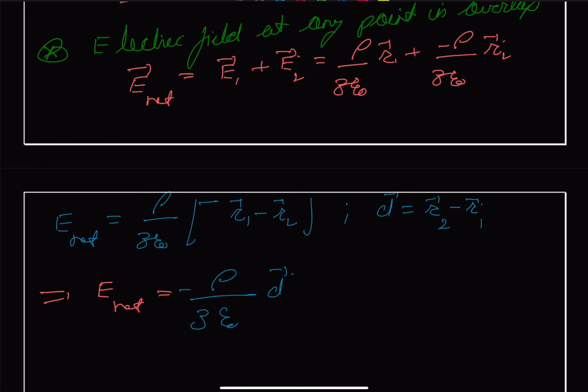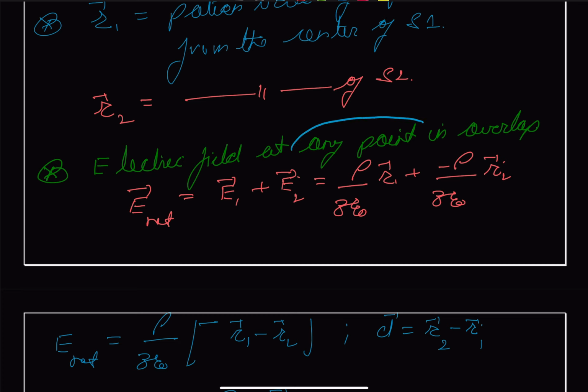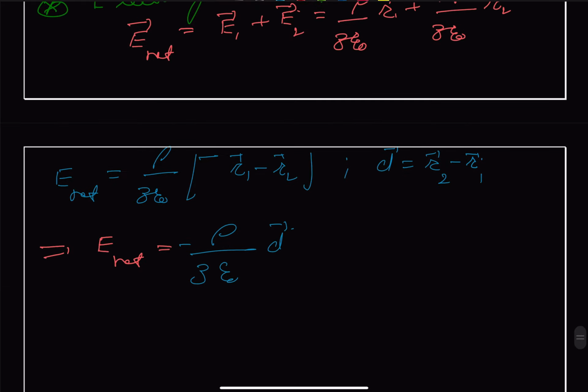And we are interested in the magnitude. Here, for any point inside the overlapping area, the difference R2 minus R1 will always be equal to D. So it means this E net will be uniform, the same for all points in the overlapping region.